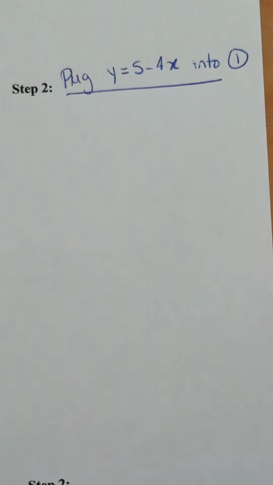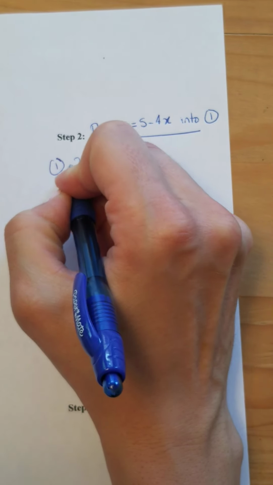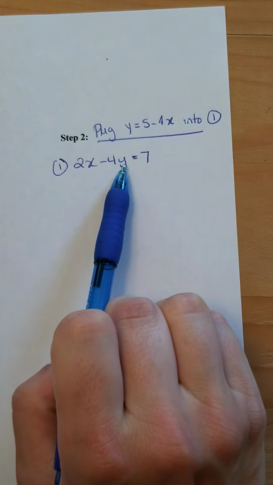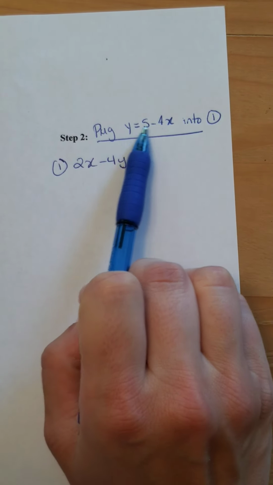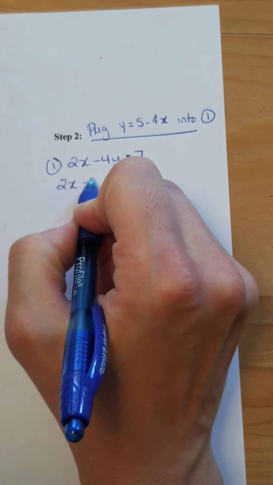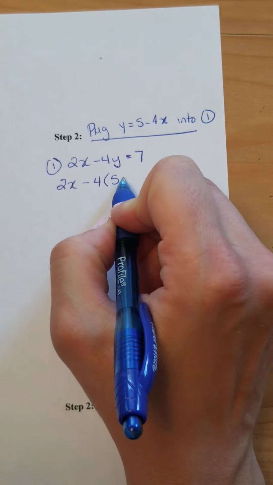Okay? So I'm going to do that right here. So I take equation 1, which is 2x minus 4y equals 7. But now, where I see a y, I replace it with what y is equal to, which is 5 minus 4x. So 2x minus 4, I open the bracket. Instead of y, I replace it with 5 minus 4x, close it up, equals 7.